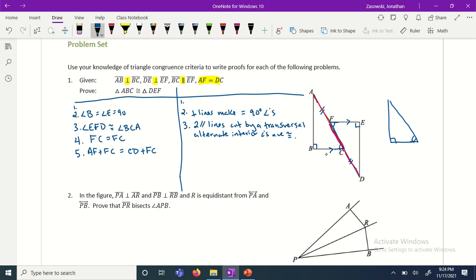And remember, our given was that AF was equal to DC, so we're just adding FC to both sides. So we have to know it's equal in order to use the addition property of equality. So we're going to do the reflexive property first. I know it sounds a little ridiculous. And we'll do some more of these on Monday as well. Tomorrow together, virtually, and then on Monday. All right, so this is the addition property of equality.